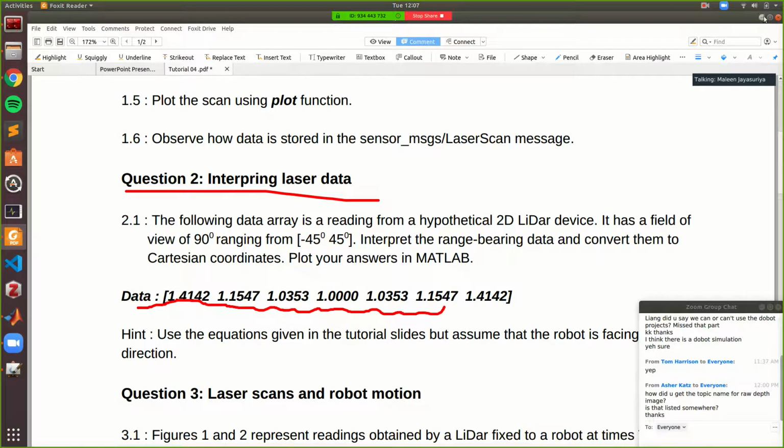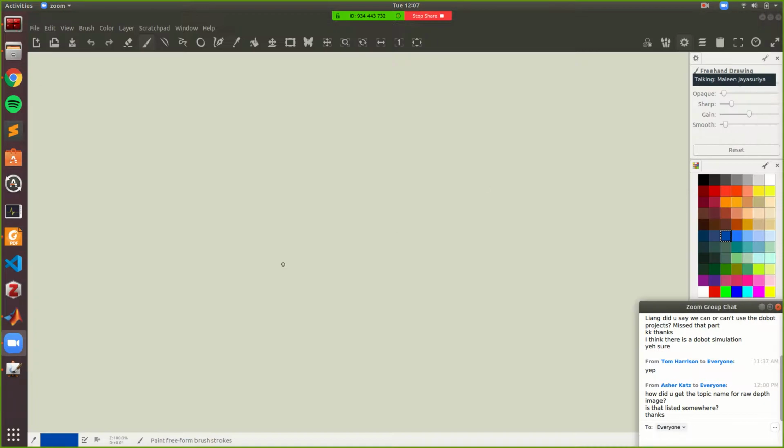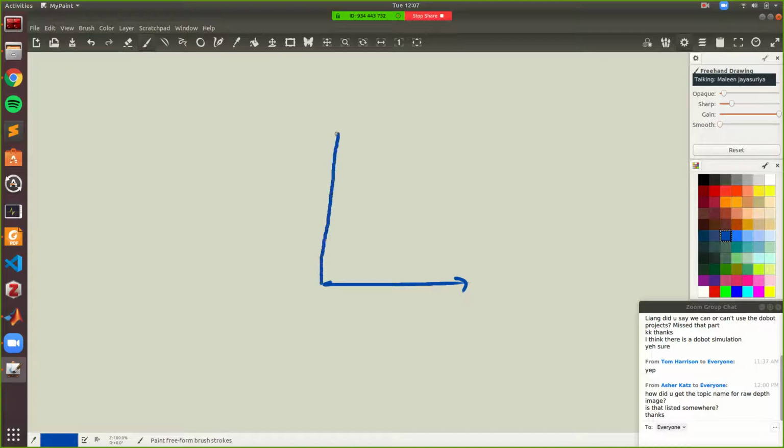So what this really looks like is you have your x-axis and your y-axis, right?